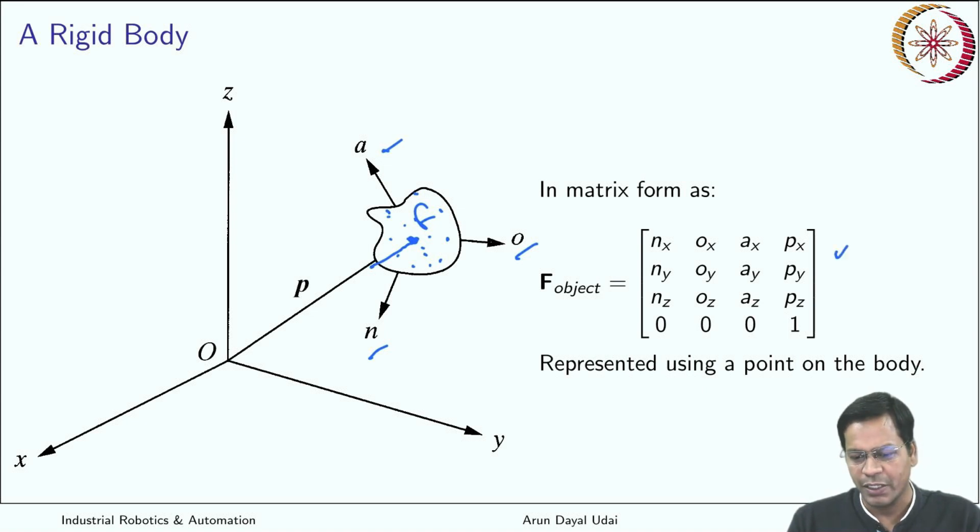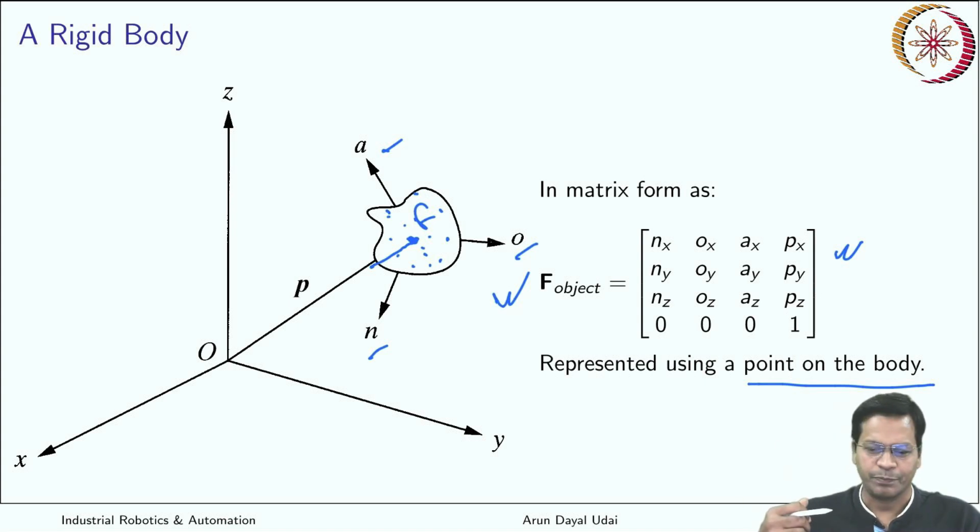The frame cannot rotate or translate, so the object also cannot rotate or translate. This is exactly similar to the frame definition, represented using any point on the body.